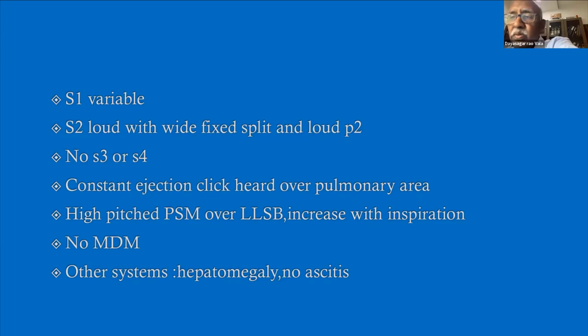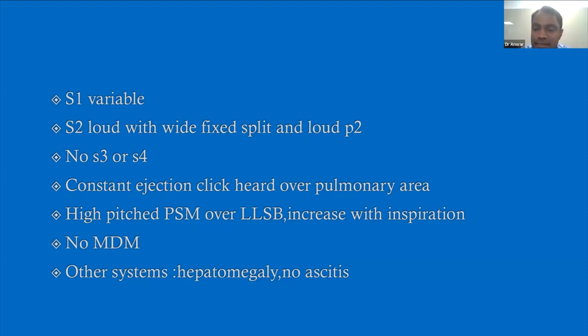What is your definition of a wide split? Clinical definition. Clinically by auscultation, sir is not asking about phonocardiogram. Clinically by auscultation, when will you say that the split is wide? You know what is normal split?